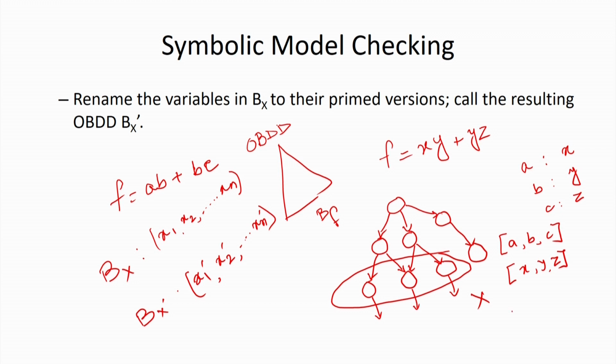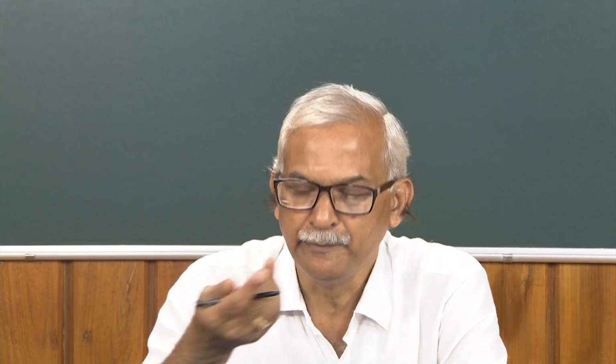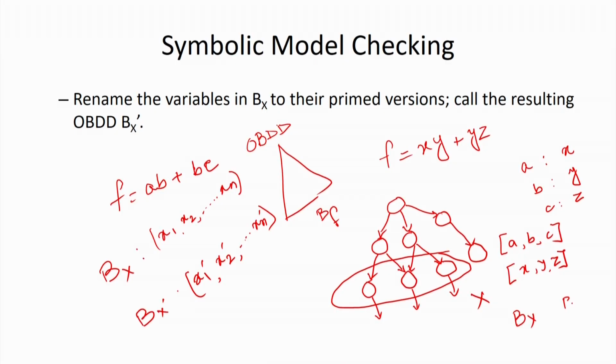Now, whatever BDD I am getting over here, I am going to say this is Bx. Now, I simply rename those particular variables by their prime version, and we are going to get the BDD Bx prime. That means this same BDD is representing this particular set of states, but we are taking the next state variables.